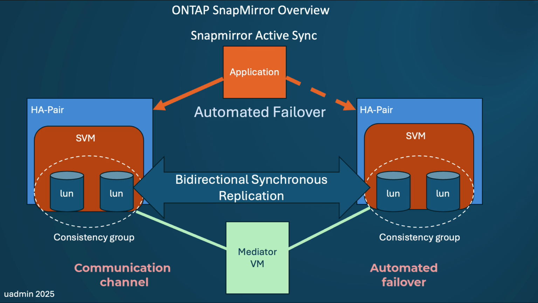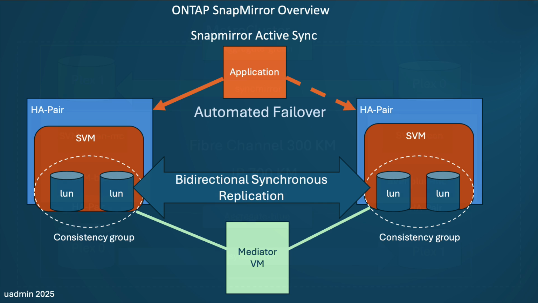So the applications will have zero data loss, and also failover is fully automatic and transparent to the application. This is referred to as TAF, or Transparent Application Failover, and it's a relatively new solution. It used to be called SnapMirror Business Continuity, but now it's called SnapMirror Active-sync.